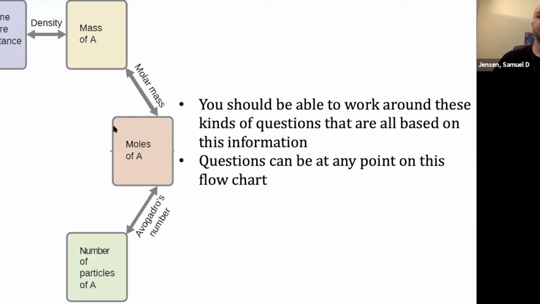The process flowchart helps us understand what information we need, how to start my problem, and what my next step in the calculation should be.